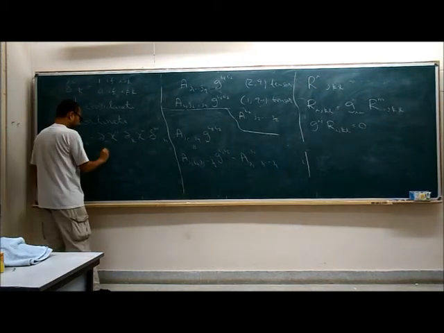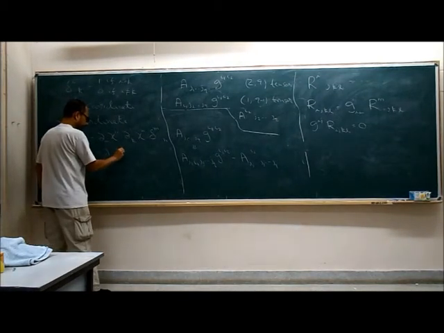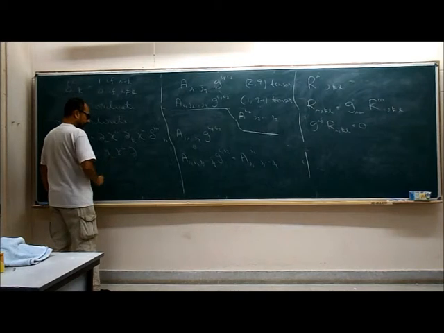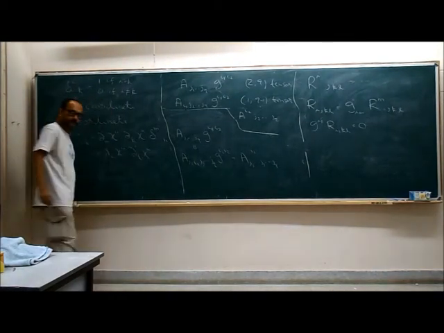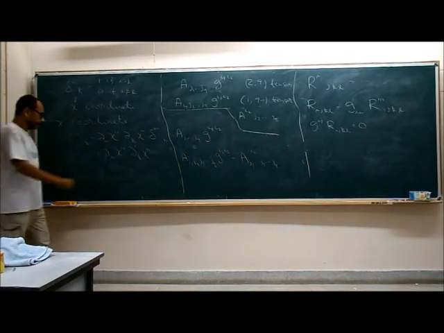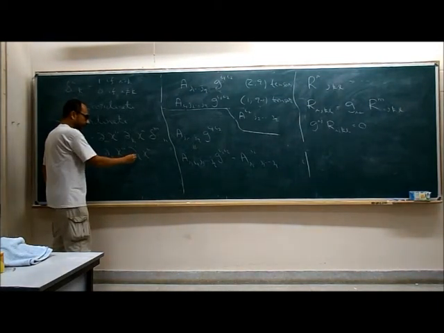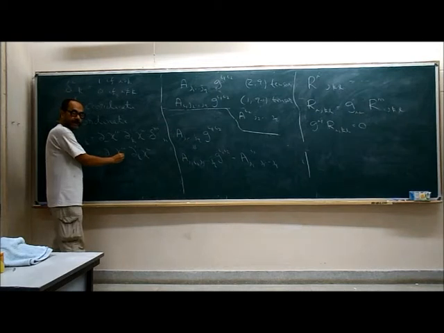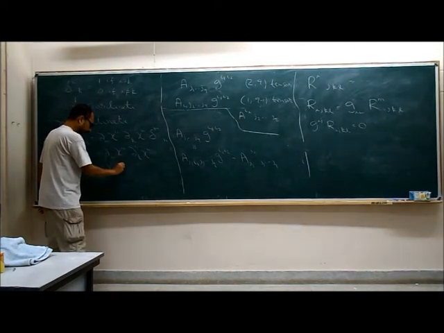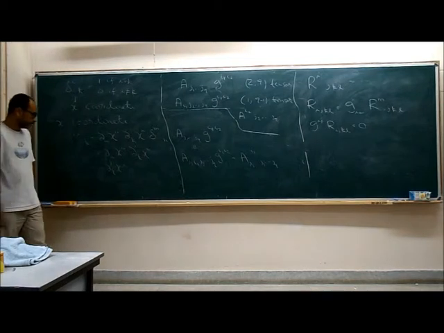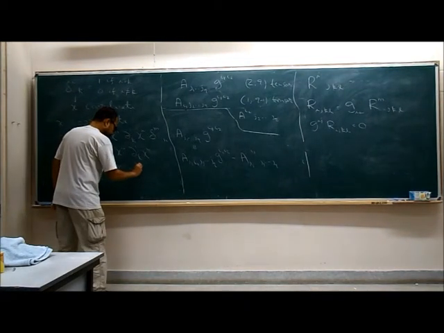So this I can write as del m x prime i and del prime k of x m. But now you see that you can use the chain rule. Del prime k of x m, del m of x prime i. So this is del prime k of x prime i, which is delta ik.